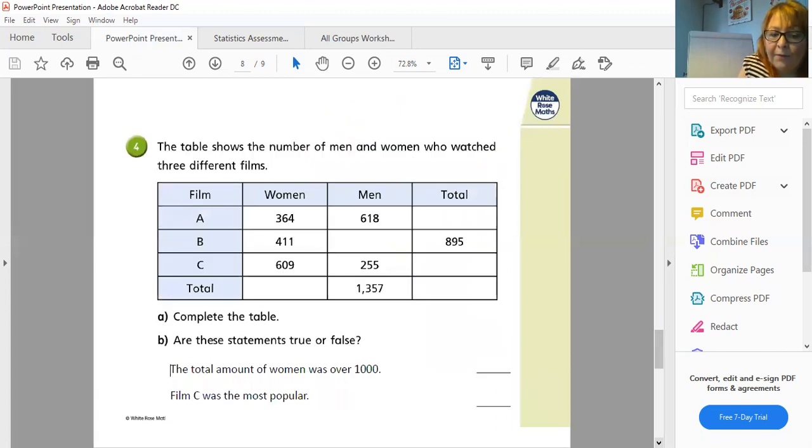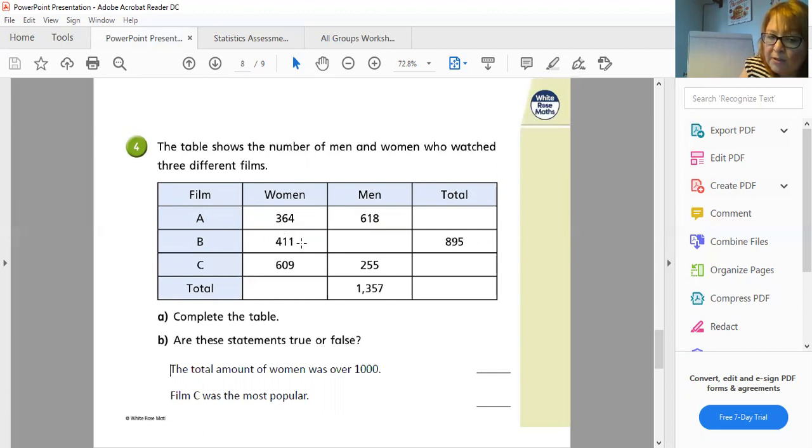Number 9, complete the table. Are these statements true or false? So first of all, to complete the table, film A was seen by this many women and this many men. So you add them together to find the total. Film B, you've got the total amount and you've got the women.